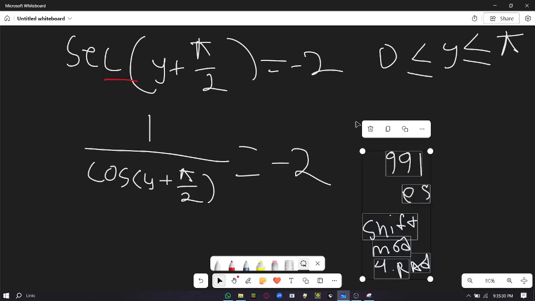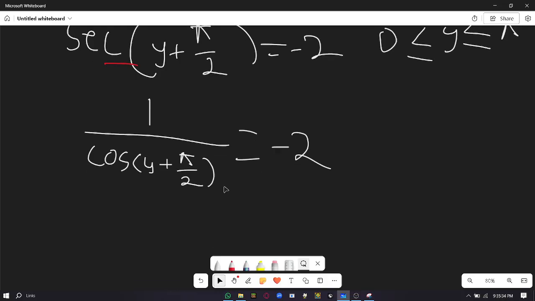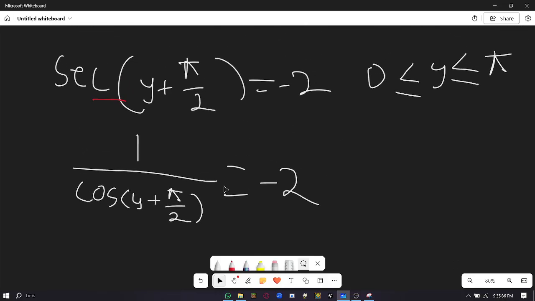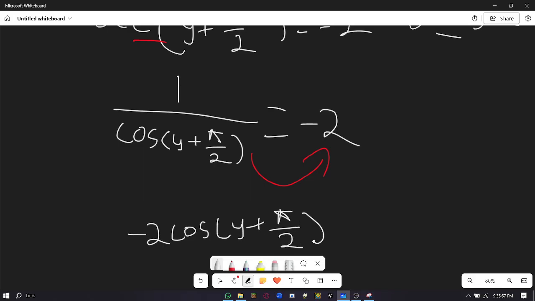So let's go there. I'm in radians now. That's good because if you keep it in degrees, the math will be very wrong. So now let's bring this to here. To write nicely, it becomes minus 2 cosine of y plus pi by 2 is equal to 1.